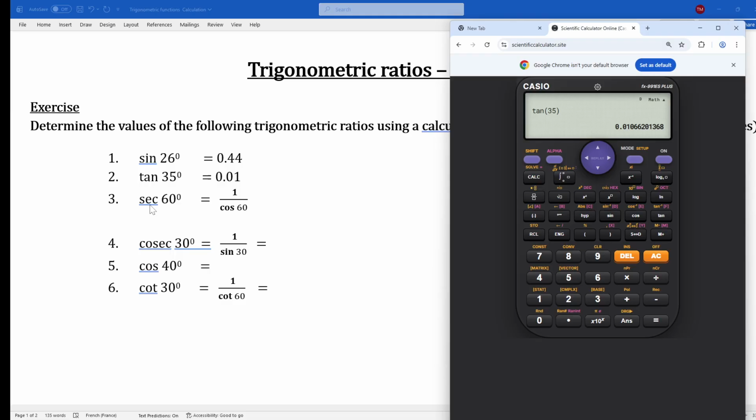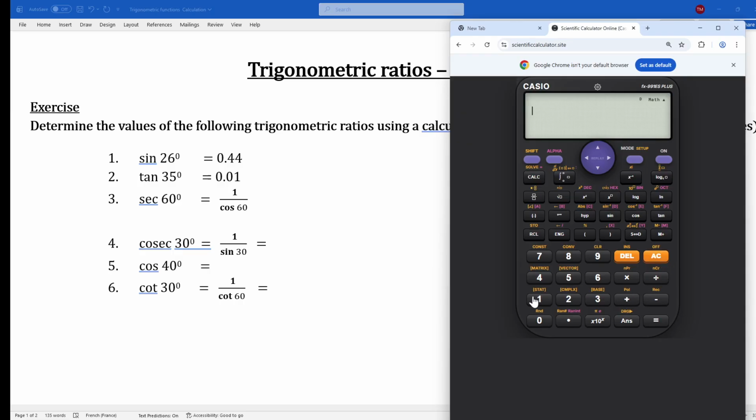So which means when we are requested to calculate secant 60, we will first convert this to 1 divided by cos 60 degrees. Now, this will give us the following.